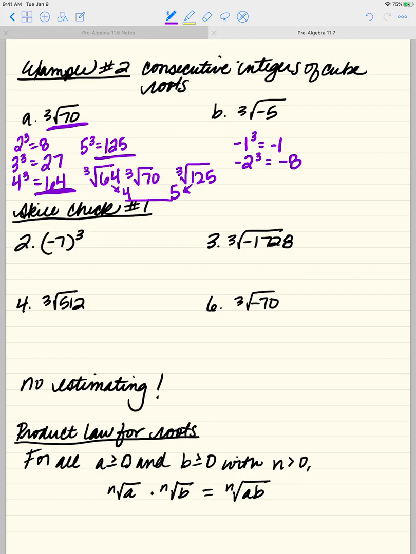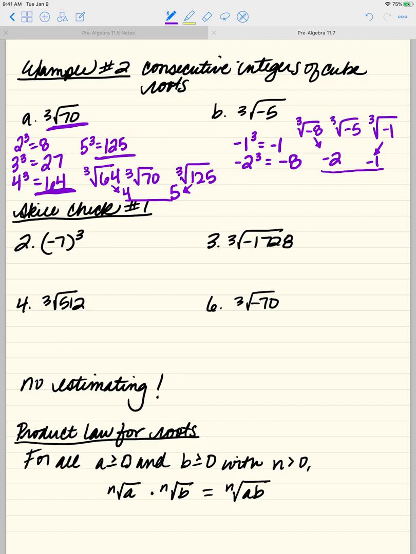So the cube root of negative 5 thus lies in between the cube root of negative 8 and the cube root of negative 1. So what integers does it lie in between? Negative 2 and negative 1. So the cube root of negative 5 lies in between negative 2 and negative 1.